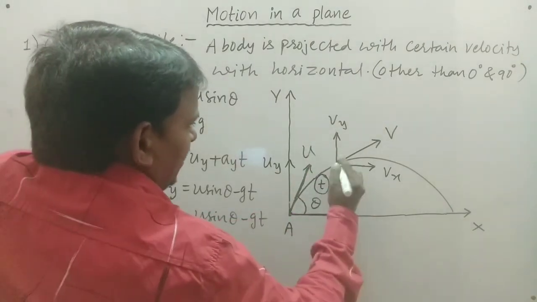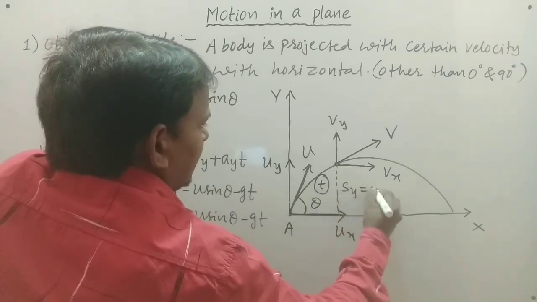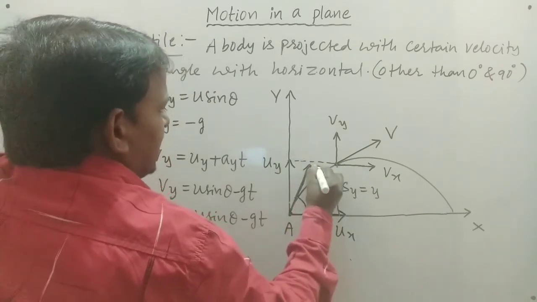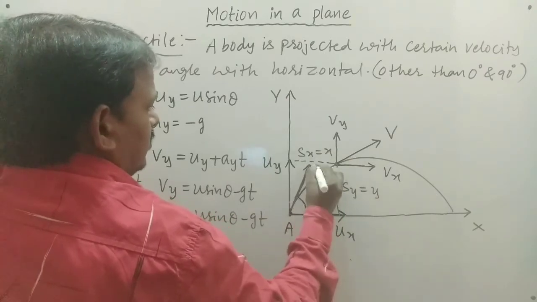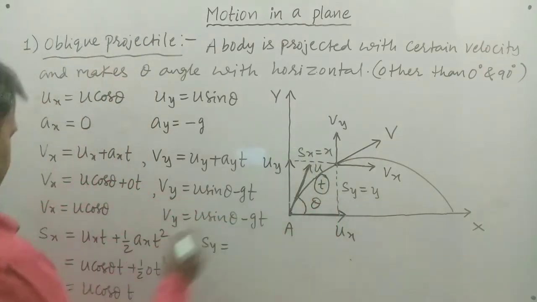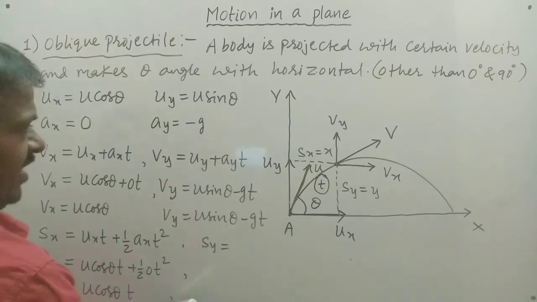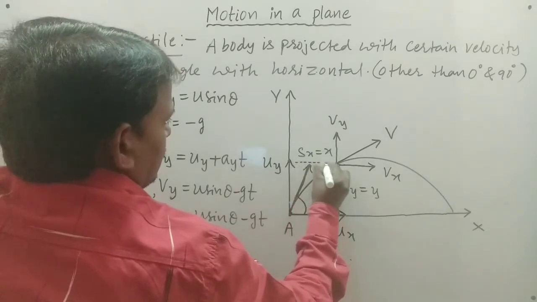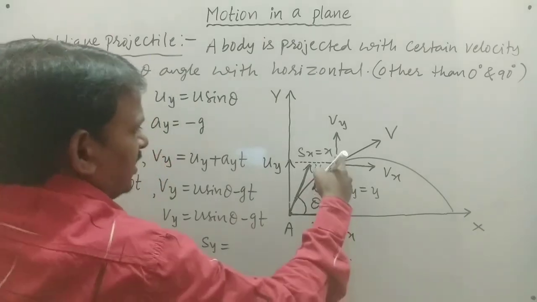Then Sy, y component of displacement, that is vertical displacement. At point P, if we draw this, this is giving Sy, that is y. This is Sx, it is x. Right? So here Sx is x. Next Sy is y. You see this? Now this is x. Here this is y.